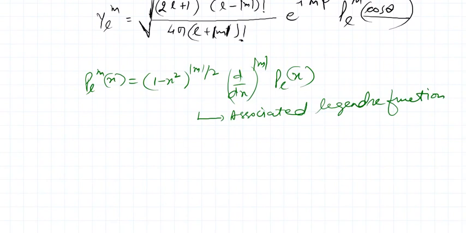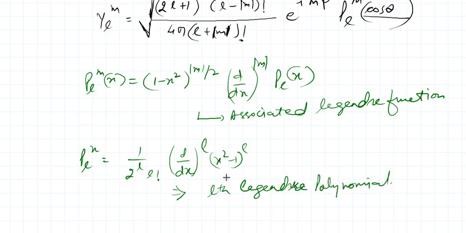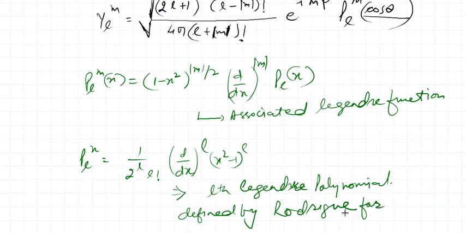And what is this P_L(x)? This P_L(x) is equal to 1 over 2 raised to power l times l factorial, d upon dx raised to power l of (x square minus 1) raised to l, and it is known as the Lth Legendre polynomial, defined by Rodrigues formula. This is all mathematical, and you can do all these things in the problem of the hydrogen atom.